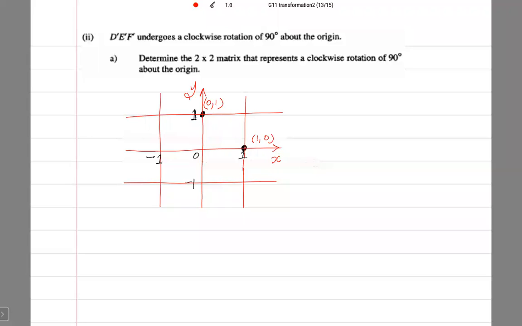First of all, I'm rotating the point (1, 0) 90 degrees in a clockwise direction. This is a clockwise direction, and this angle here is 90 degrees. So this point, (1, 0), is going to become the point (0, -1).